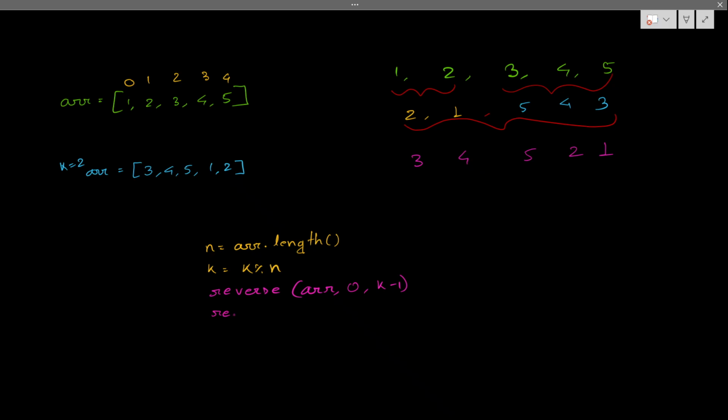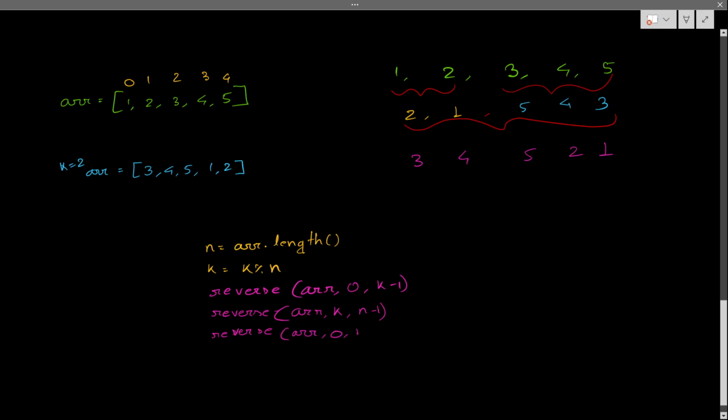Again I am doing reverse of the second part, so arr starting from k to n minus 1, and again I have to reverse arr of 0 to n minus 1, the whole array. That's all.